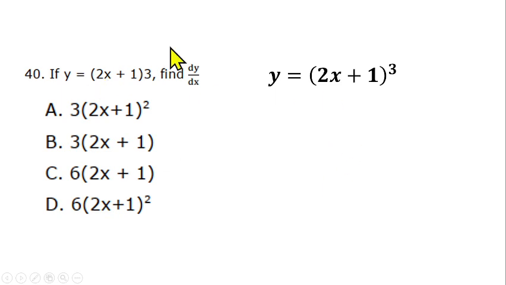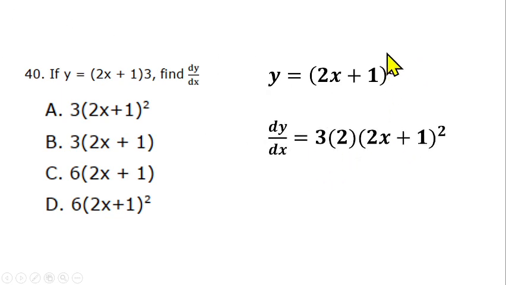In this case, because this is a JAMB question, you need to know the shortcut instead of using the long cut. If you want to differentiate this, the power will come down first, then differentiate whatever we have inside the bracket. If you differentiate 2x plus 1, that will give us a 2. Then rewrite this bracket back, then remove 1 from the power, you have 2.